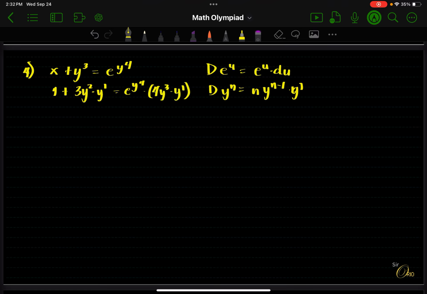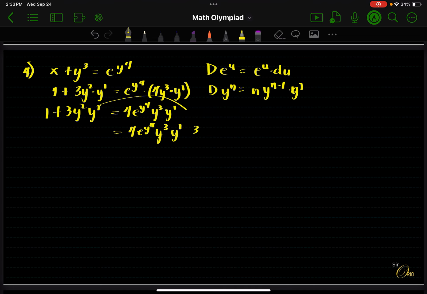Then simplify, we have 1 plus 3y squared y prime equals 4e raised to y raised to 4 y cubed y prime. And let's transpose this one here. So we have 4e raised to y raised to 4 y cubed y prime minus 3y squared y prime.